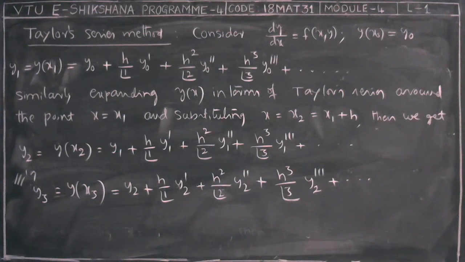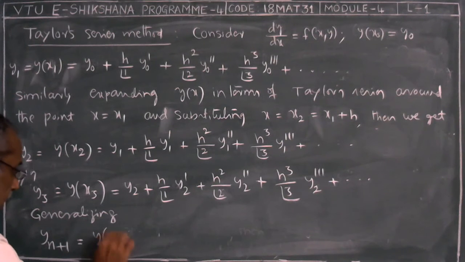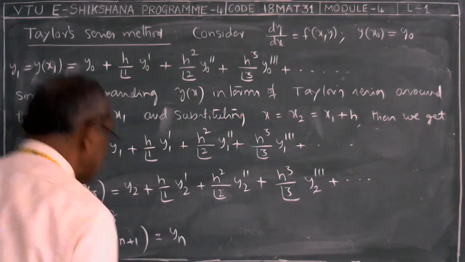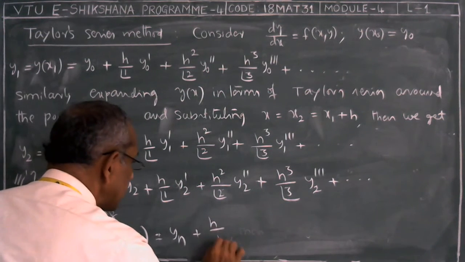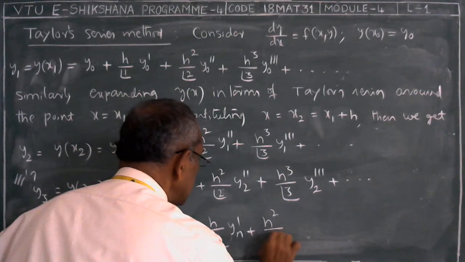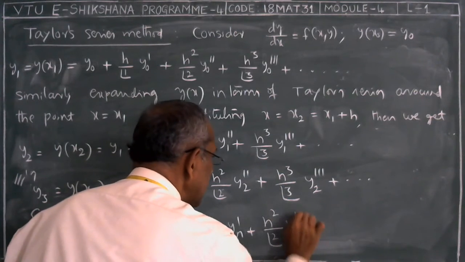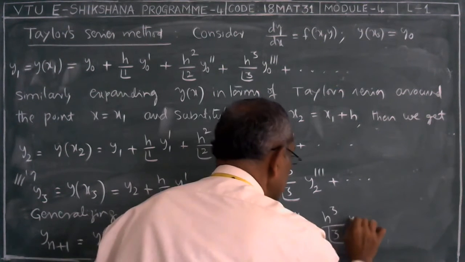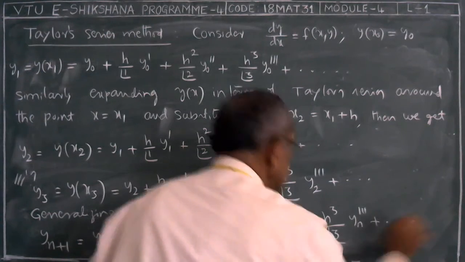So we can generalize this. Generalizing, y n plus 1 is equal to y at x is equal to x n plus 1, which is equal to yn plus h divided by factorial 1 yn dash plus h square divided by factorial 2 yn double dash plus h cube divided by factorial 3 yn triple dash and so on.